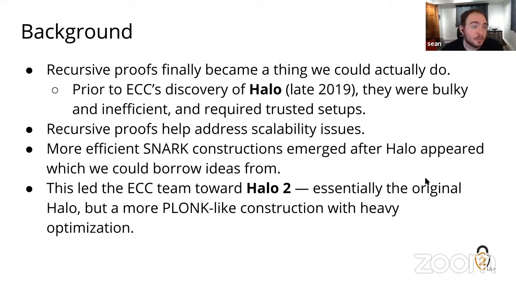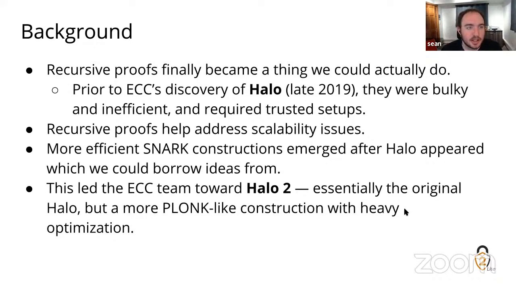as background, before our team discovered Halo, recursive proofs kind of sucked in practice. They were on large elliptic curves, and they were kind of inefficient, and they required trusted setups. And all that inefficiency we've been addressing over the years, for example, with Sapling.